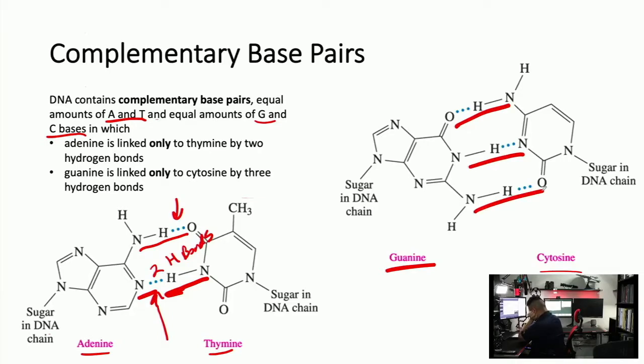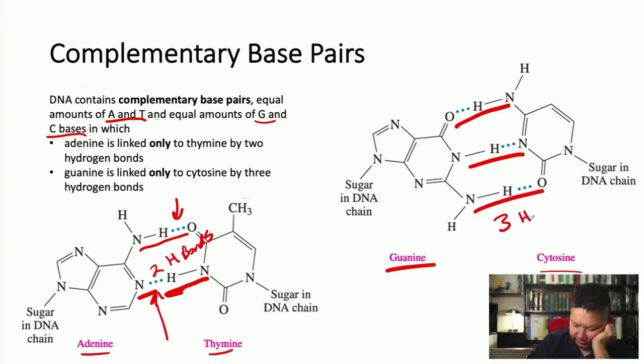But the thing that's different that I need you to know is that there are three H bonds here. Okay? Three hydrogen bonds. So you can then safely state that the bond between guanine and cytosine is slightly stronger than that of the bond between adenine and thymine inside the double helix.